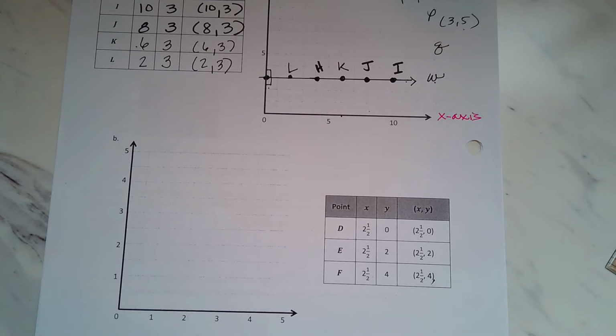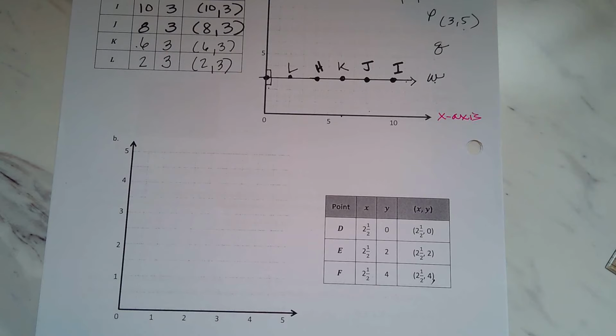So this time the y coordinate is always changing, but the x coordinate stays the same. X is always 2.5. So imagine that we have plotted the points found in this chart and connected them to make a line. What do you predict that line will look like?